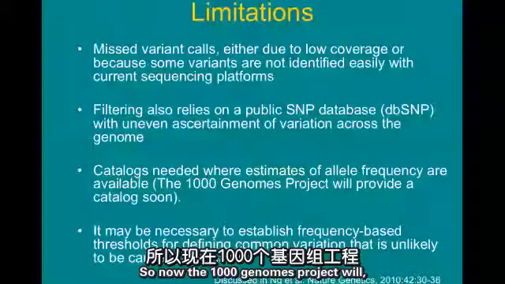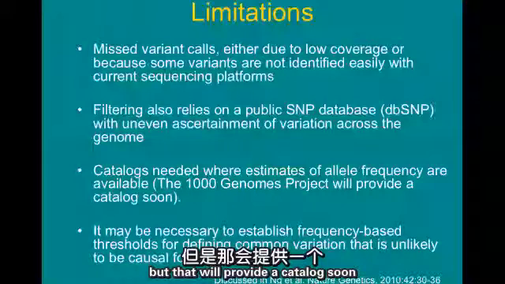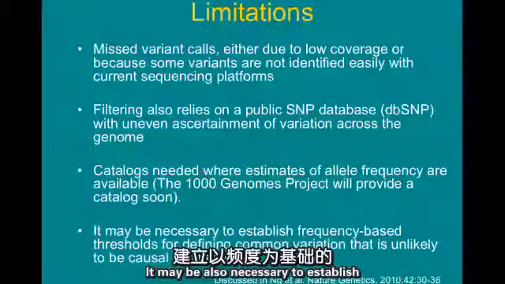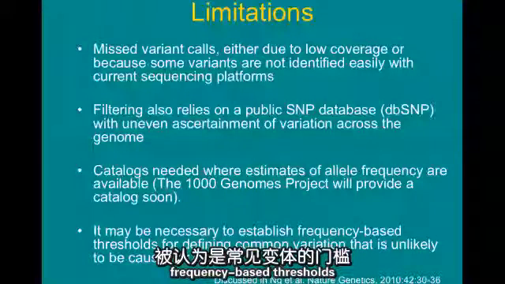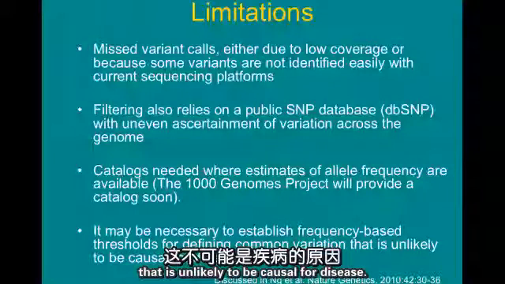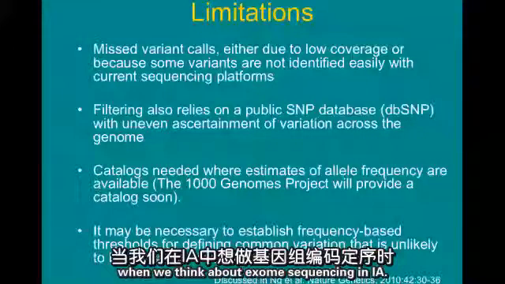Now the 1,000 Genomes project, I'm coming back to that, will provide a catalog soon about the estimated allele frequencies. And it may also be necessary to establish frequency-based thresholds for what is common variation that is unlikely to be causal for disease. So all of these limitations need to be thought of when we think about exome sequencing in IA.